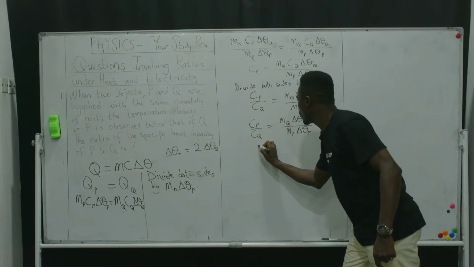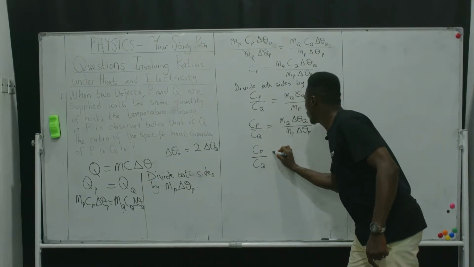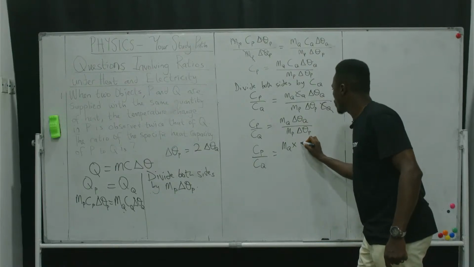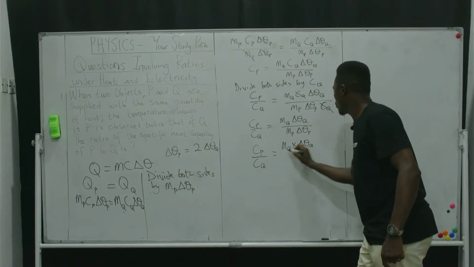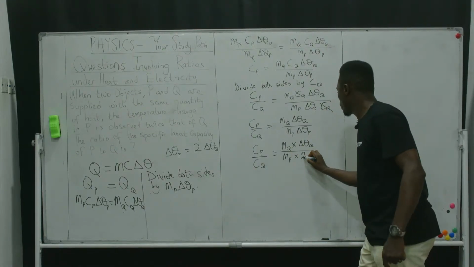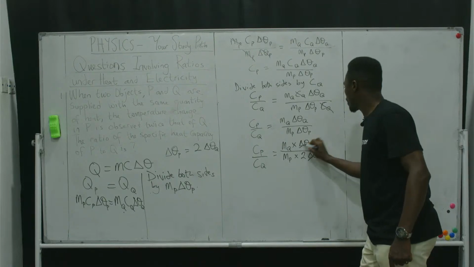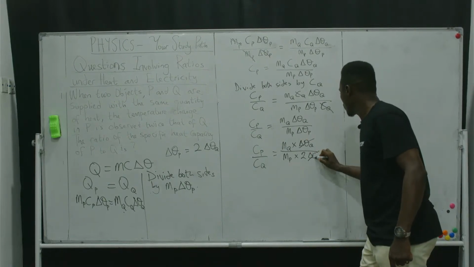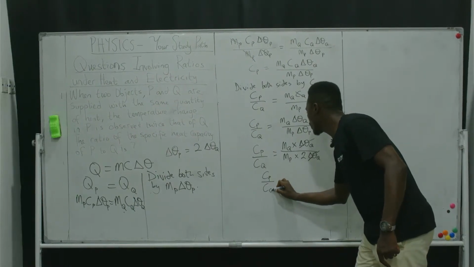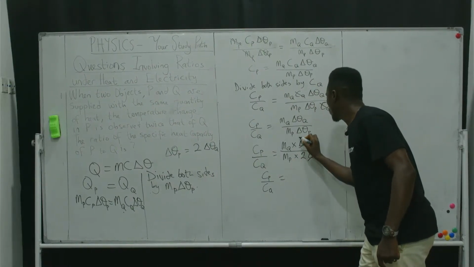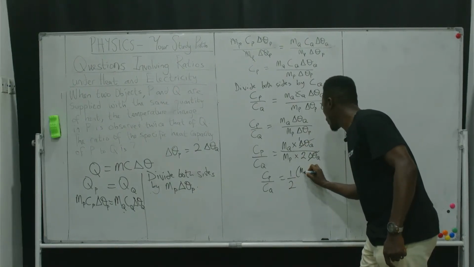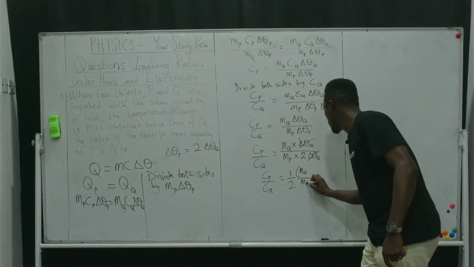So putting that in, we have CP over CQ equal to MQ times change in theta Q over MP multiplied by 2 change in theta Q. This cancels out this, leaving us with CP over CQ being equal to 1 over 2, then in bracket MQ over MP.